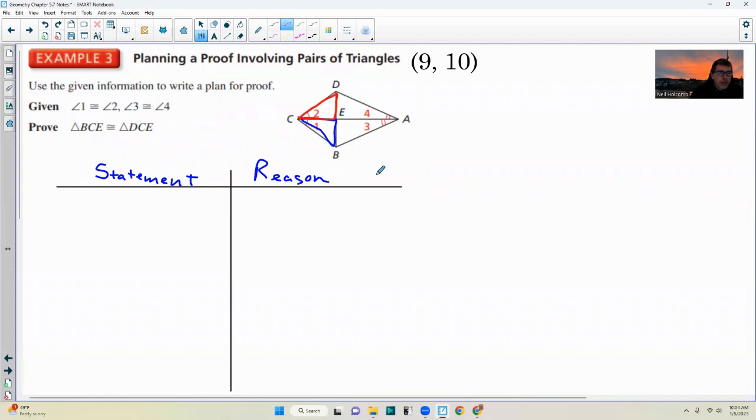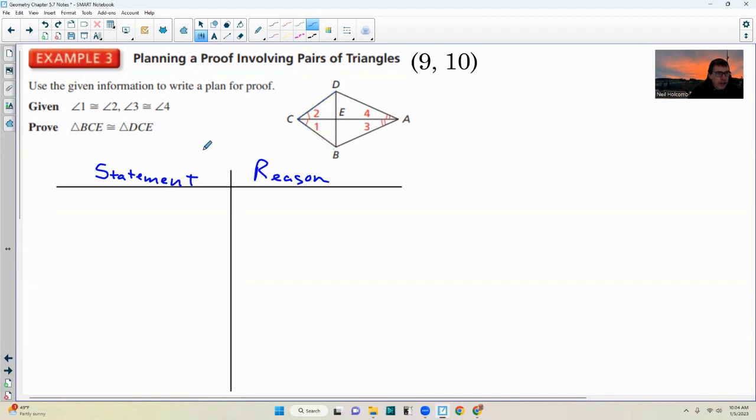That's what we're trying to prove. Okay, but there's a couple steps we need to do first. We need a part of that. So let's say we try to find how the length of CB is congruent to CD. If we can prove that, then we can prove the two triangles are congruent. But how do we prove these two are congruent first?